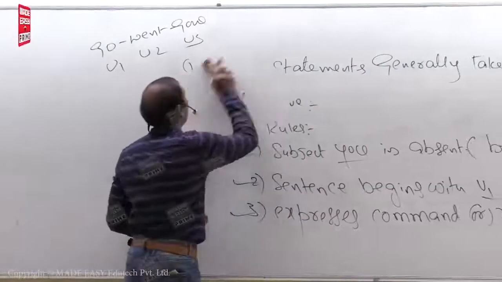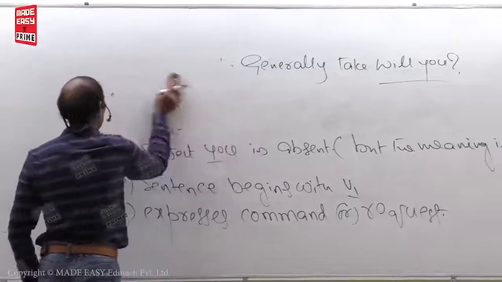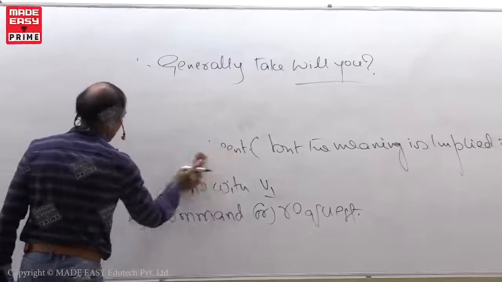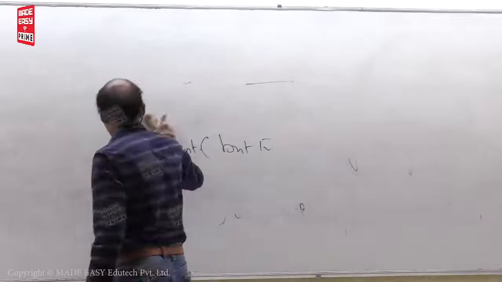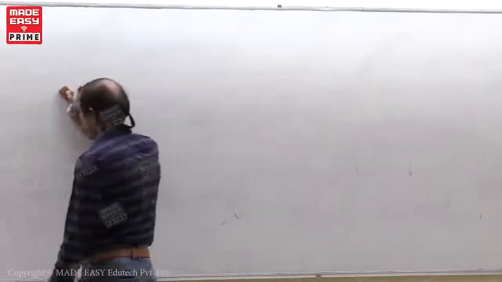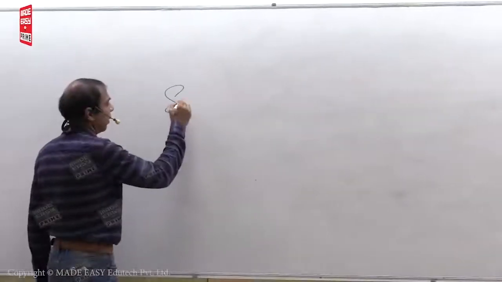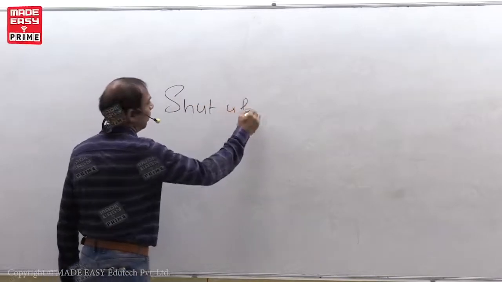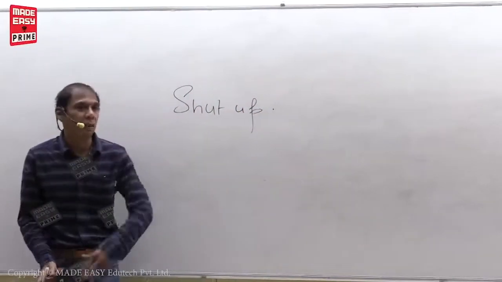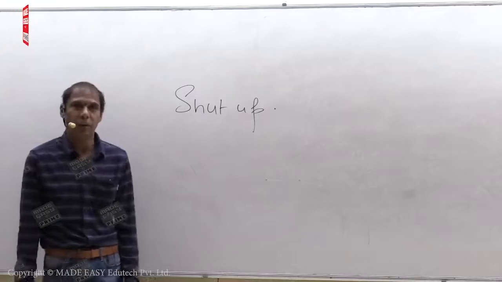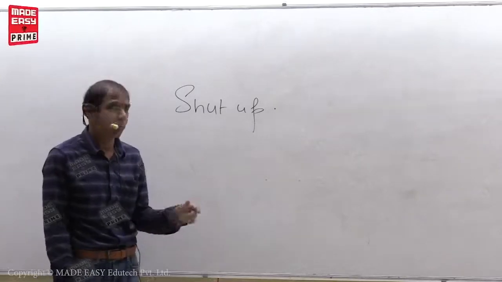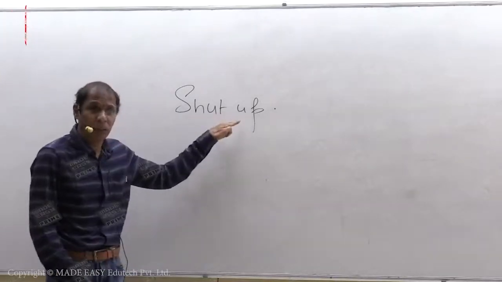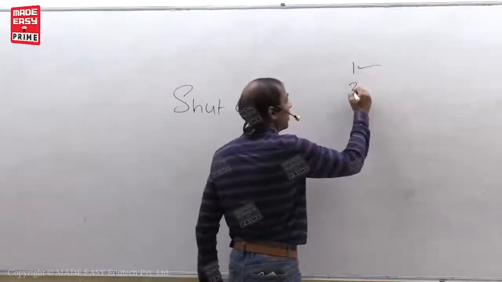Okay? Now see. Suppose, look. Shut up. I'm saying shut up to somebody else. Right? Look at me. When I'm directly speaking to a person, I don't say you. There is no you here. Right? But the meaning is here. So rule number one, satisfied.